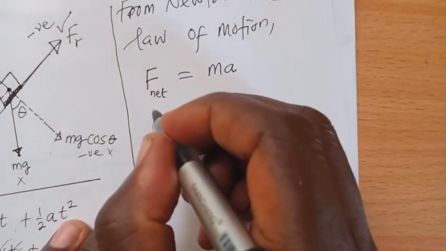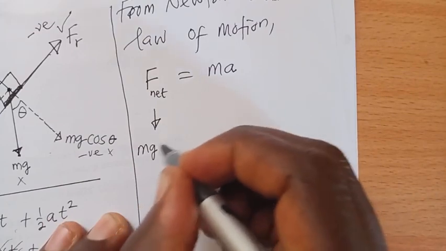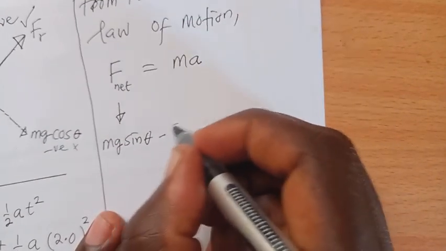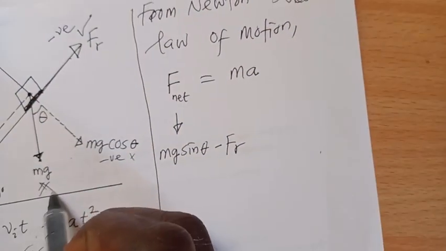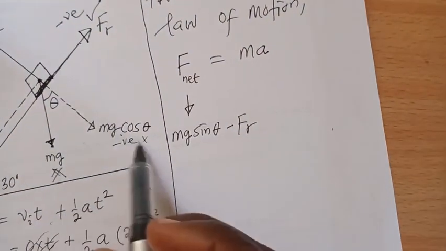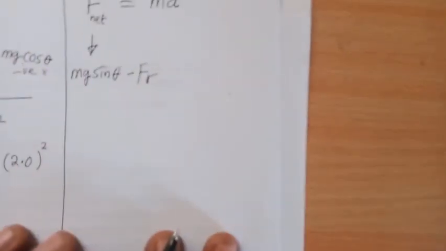So it means my F net is mg sine theta minus F sub r along here. Remember, we are not using mg because we already resolved it to this and this, so there is no point in taking mg.